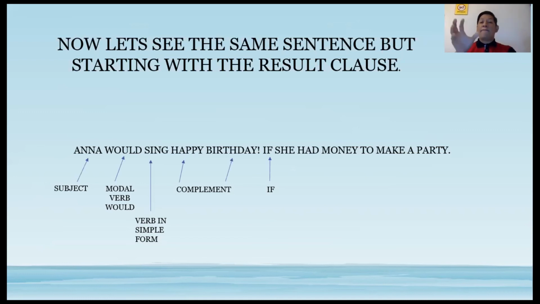When you have first the result, it is not necessary to have the comma. Only when you start with if, talking about affirmative or negative sentences. So, Anna would sing happy birthday if she had money to make a party: she is the subject, had is the verb in the past, and money to make a party is the complement.